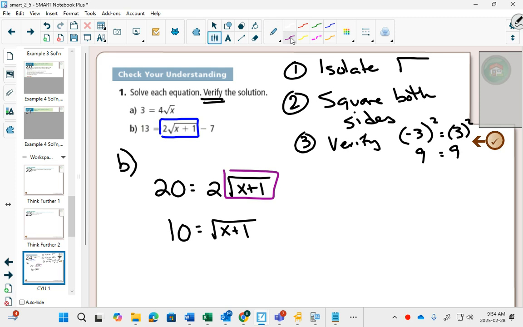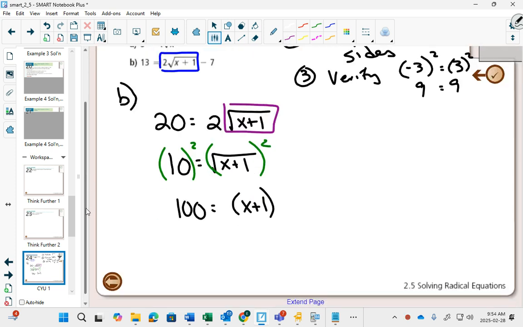And then square. So now if I square this side and I square this side, I'm going to get 100 equals just x plus 1. Subtract 1 on both sides, and I get x equals 99.